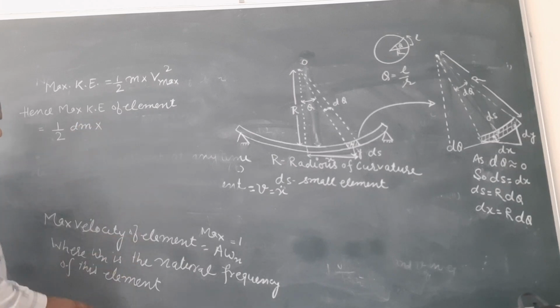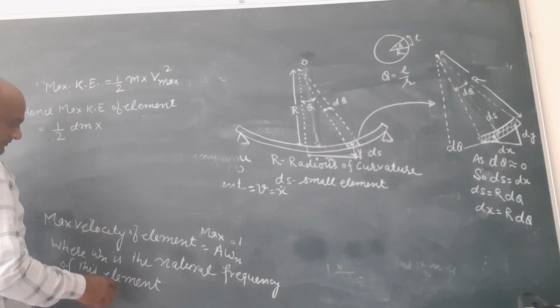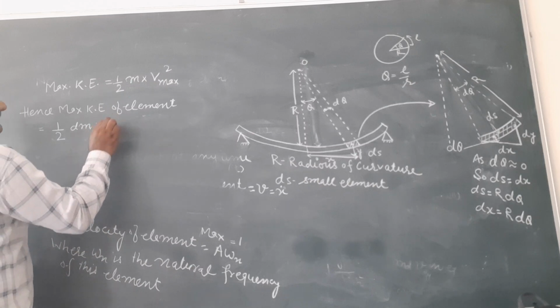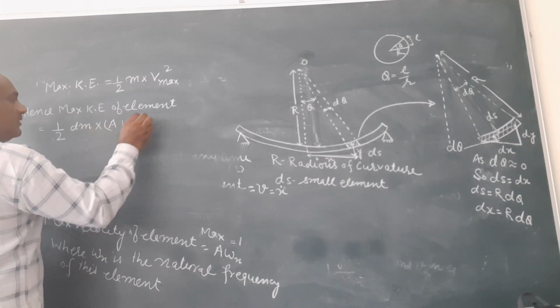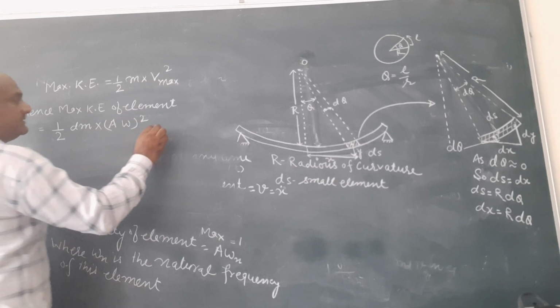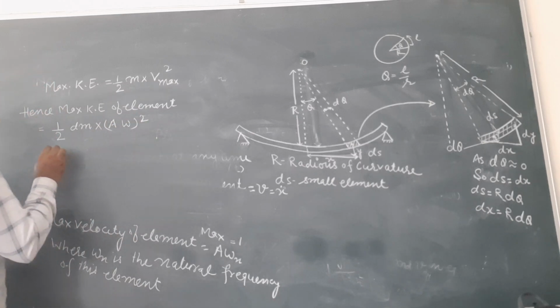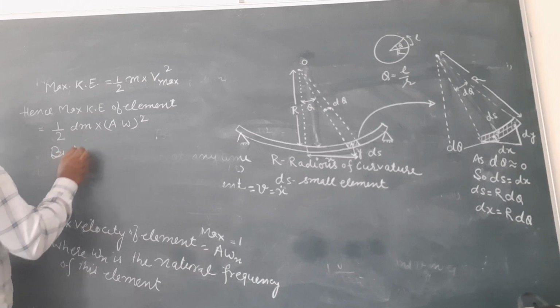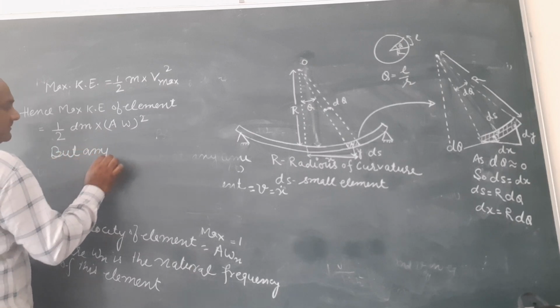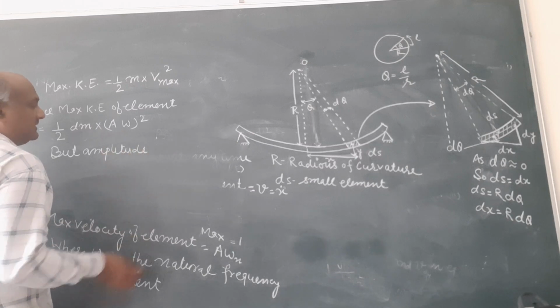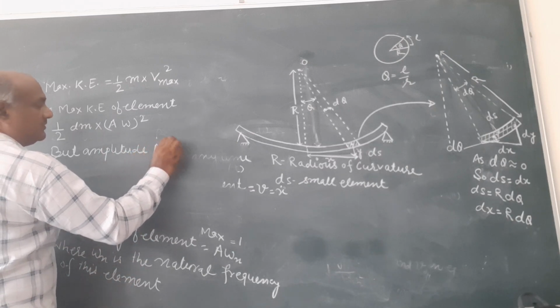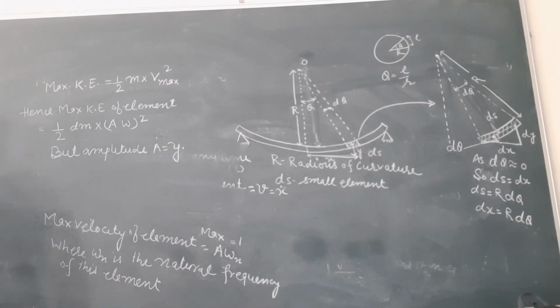V max is equal to A omega, which we have already calculated, and the amplitude A is equal to y.